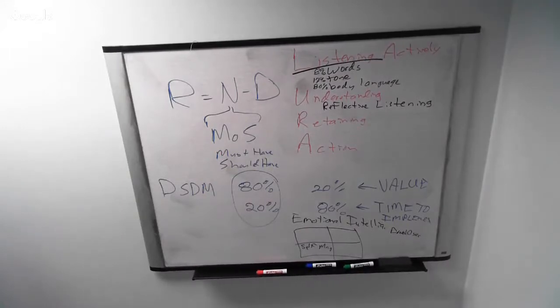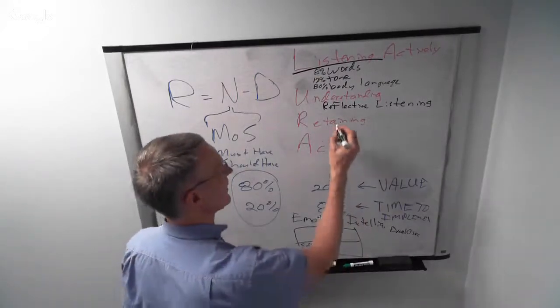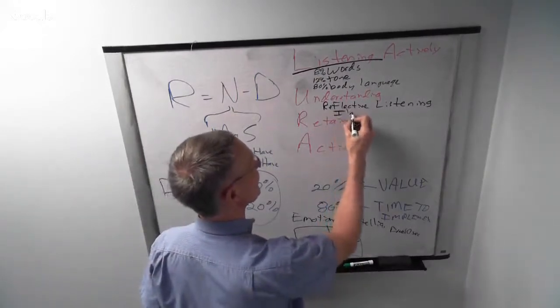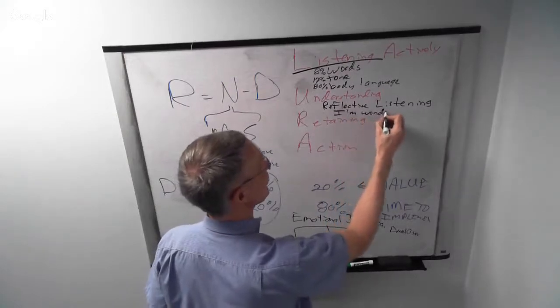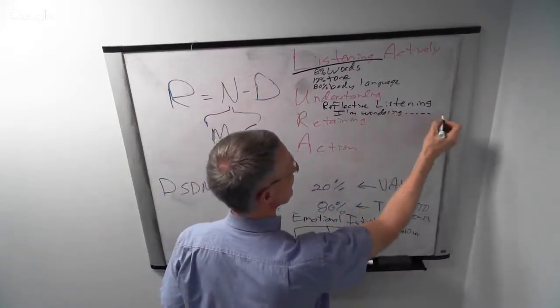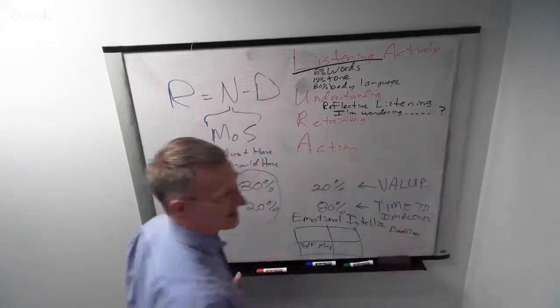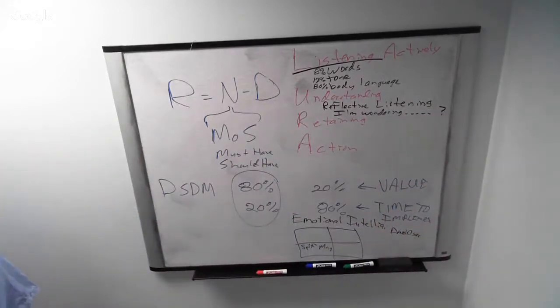So I'm wondering what the next step would be, or I'm wondering if I understood you correctly about the situation that made you angry, or the situation that made you happy, or whatever. This idea of reflective listening, starting off with I'm wondering, and then just filling in the blank question, basically says, I really want to understand what you're saying.